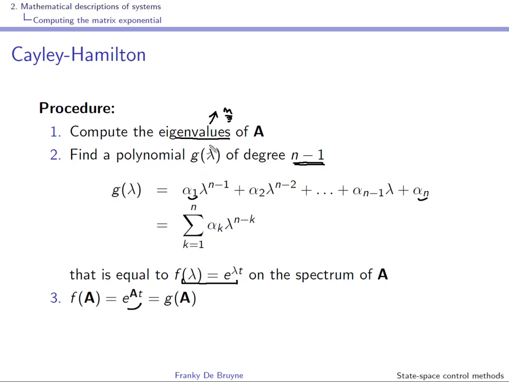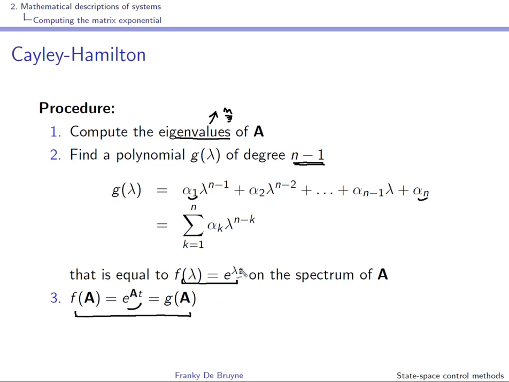Once we have found a polynomial g(λ) that is equal to f(λ) on the spectrum of A, we can use this equation here to compute the exponential of At. Remember that the function constructed around the matrix A is equal to the exponential of At.